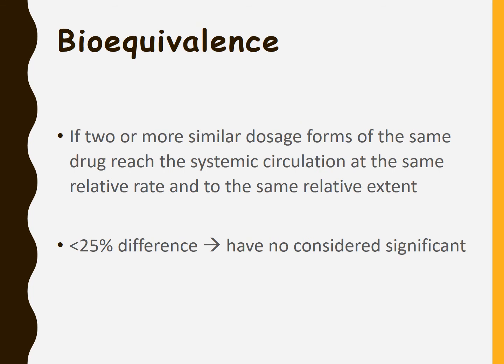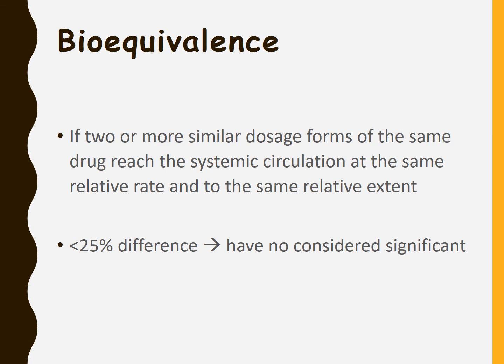Now a term called bioequivalence. That means two or more similar dosage forms of the same drug reach the systemic circulation at the same relative rate and the same relative extent. Then they are known as bioequivalent.